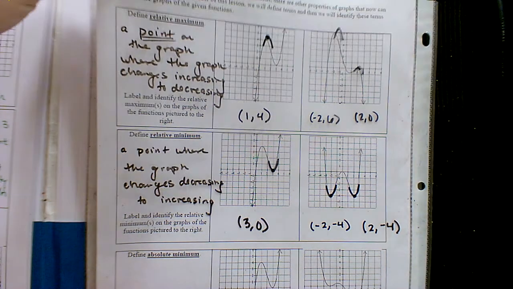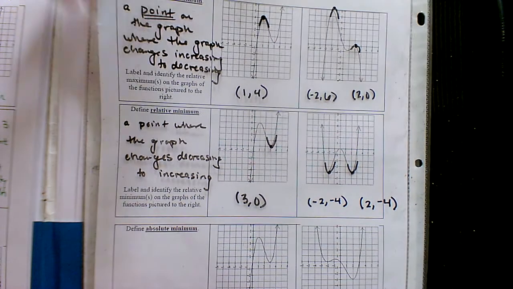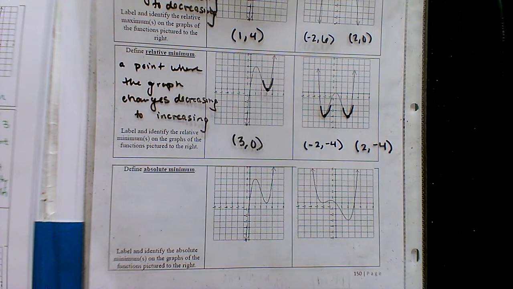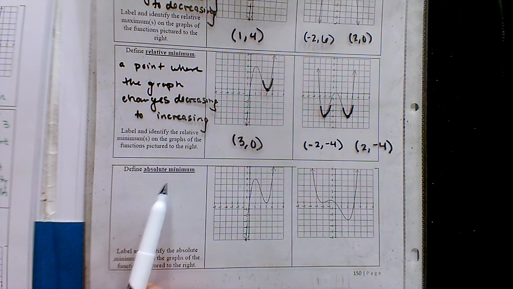What we can use to lead in, or this can lead us rather, into a new vocabulary term called an absolute maximum or minimum. So absolute is like the highest or the lowest, not just any high point or low point on your graph. We're looking for the highest or the lowest. And what's a little different with these is we're not really looking for a physical point anymore.